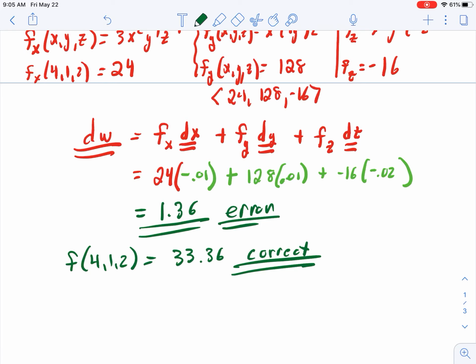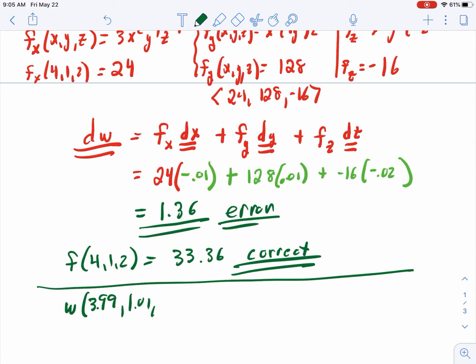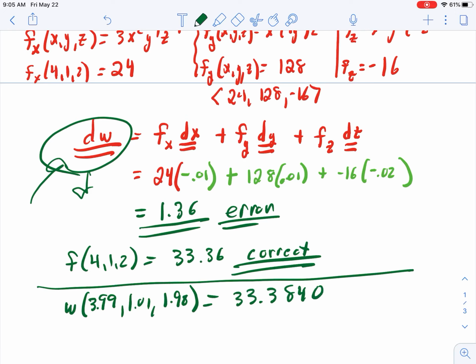Now, if I did my tangent plane and found that equation and did it by point approximation, so if I went w of 3.99, 1.01, 1.98, and plug that into my tangent plane, and basically I just have to put in what my dy is and add it or subtract it to the other side, and I would get 33.3840.